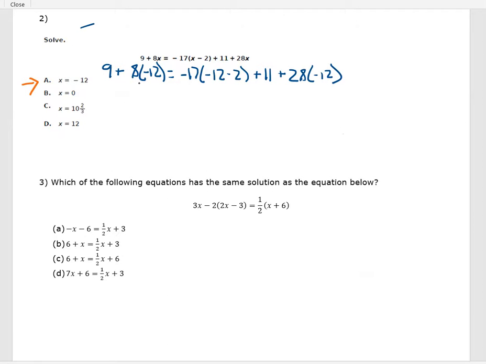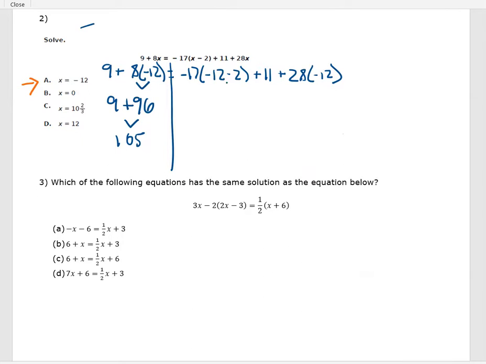I can do this part over here very quickly. I have 8 times negative 12, and that's going to give me 96. 9 plus 96 is going to give me 105. Now I need to hope that this other side gets me there.